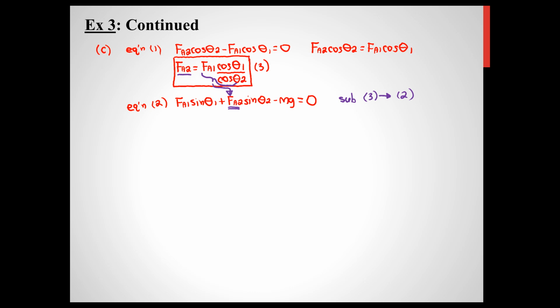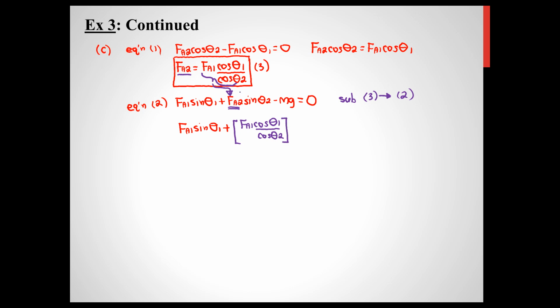Okay, so let's see what this looks like now when we expand it. This would now become Fa1 sine theta 1 plus. Now, I'm going to write the expression I'm substituting in a different color. So I'll put this in purple. So this would then be, and I'll put it in brackets, FA1 cosine theta 1 over cosine theta 2.